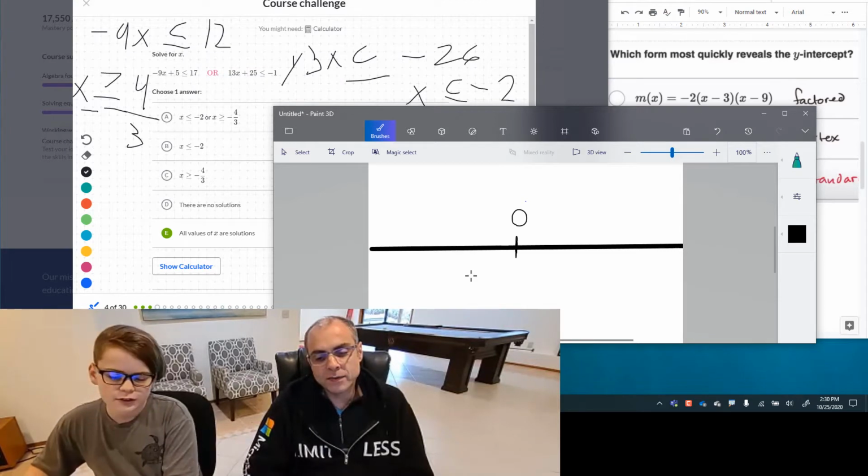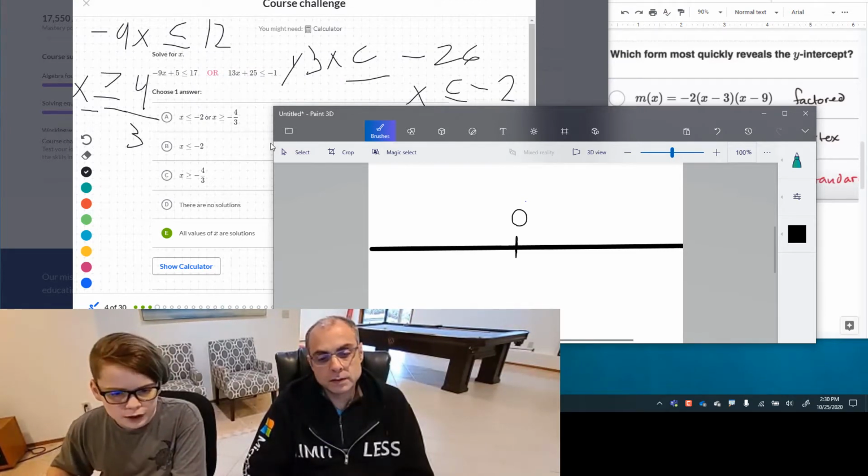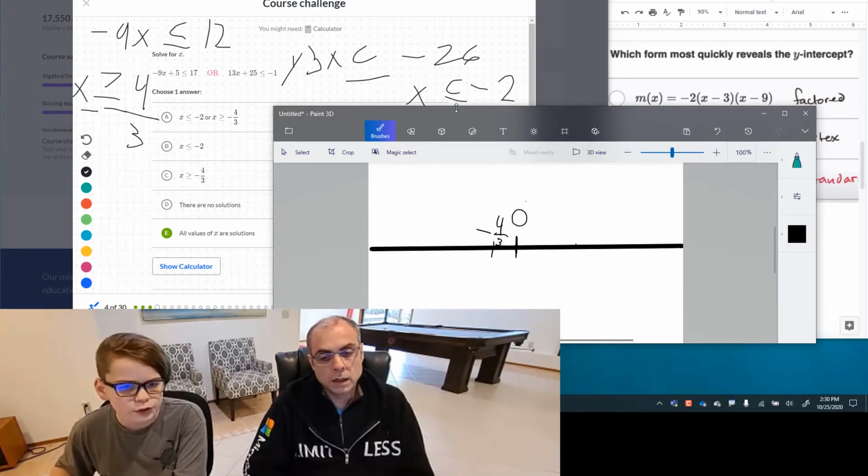And this one is negative 4 over 3, so that's like 1 and then a tiny bit more. Wait, so the other one actually equals negative 2? Yeah, I forgot. It's like more than that.